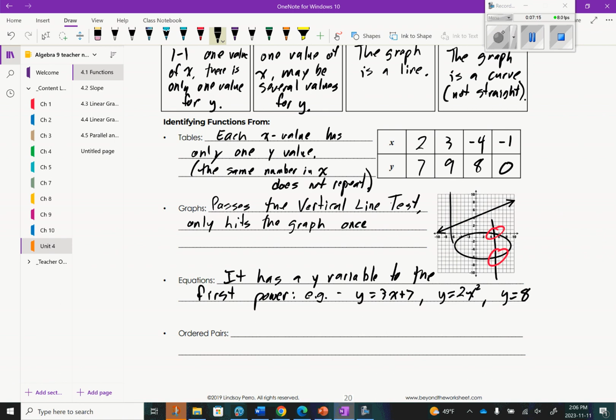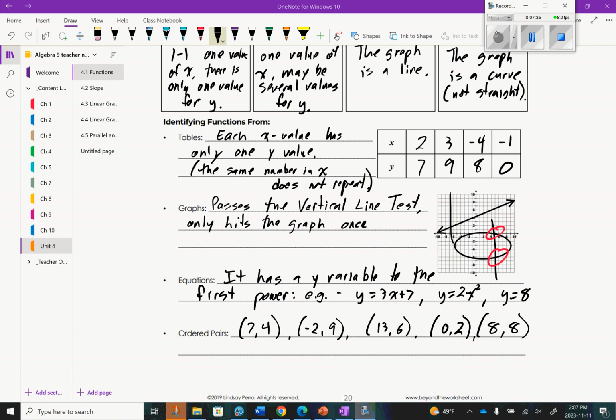And then finally, we should be able to identify a function from ordered pairs. Say we were given (7, 4), (-2, 9), (13, 6), (0, 2), (8, 8).